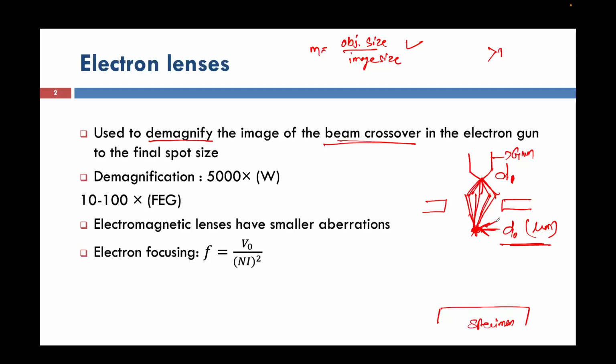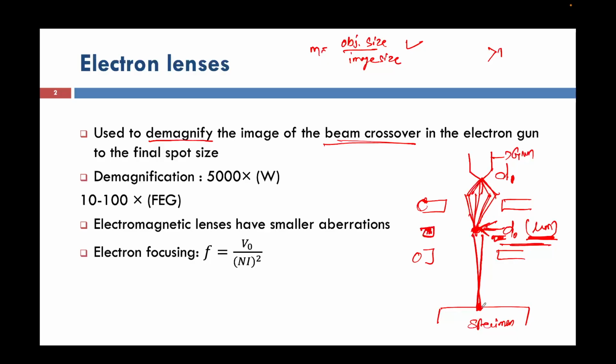With the help of another set of lenses or deflectors, this is what I'm calling the condenser lens, and let's say there is another lens called the objective lens, and in between the apertures are also there. With the help of the entire system, even from micrometer, we try to make the incident beam as small as possible, and here it is in the order of micrometer.